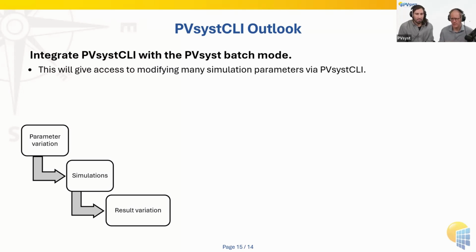So this will be the big plus. If we integrate the batch mode with the command line interface, you'll be able to automatically change many simulation parameters via the command line to run simulations. And this opens the door for several possible scenarios. One would be an automatic optimization of certain system parameters.